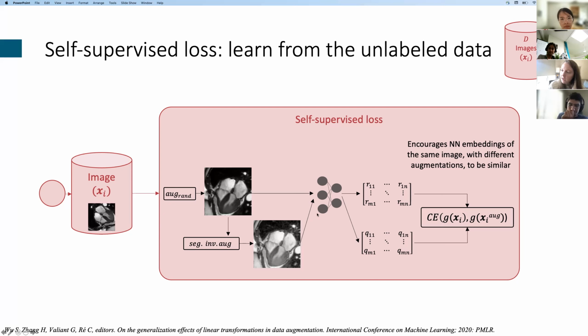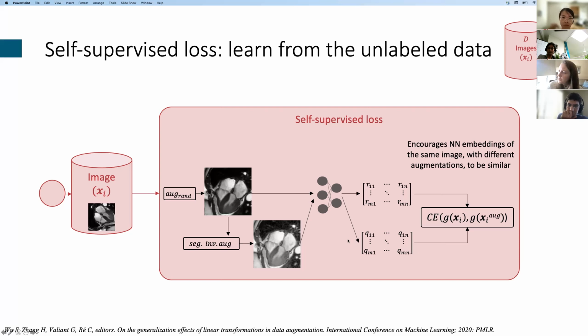So you flip or rotate, and then they take the output of the network, which is the segmentation mask, and they kind of unaugment that output, which I think is what you're suggesting. So you unflip it, unrotate it, and then you compare the two outputs. That's certainly easier to do with the final output of the network because it's a segmentation mask. It's like a flat image. It kind of makes sense to rotate or flip it.